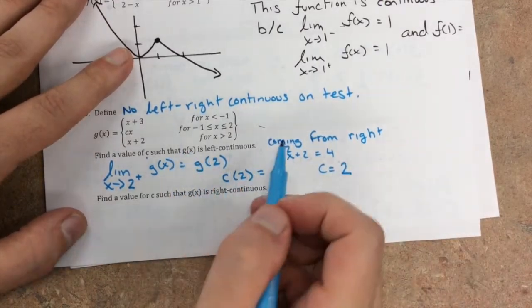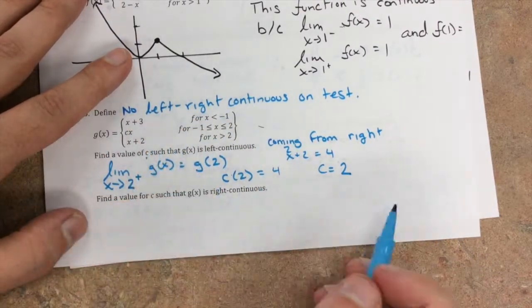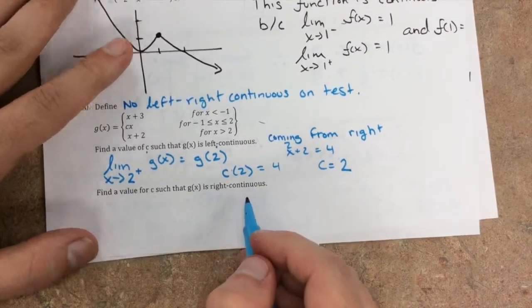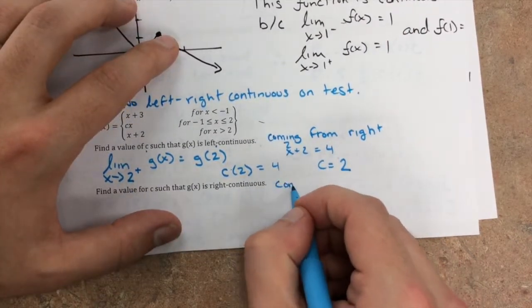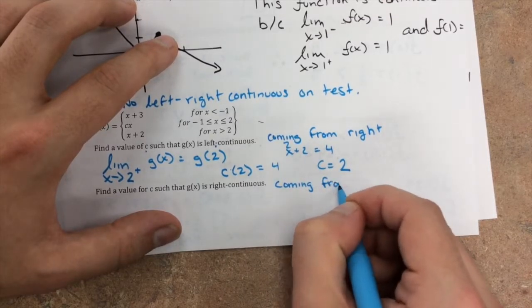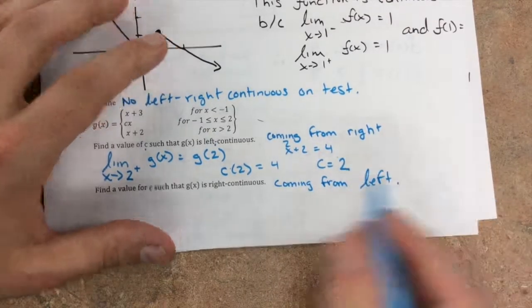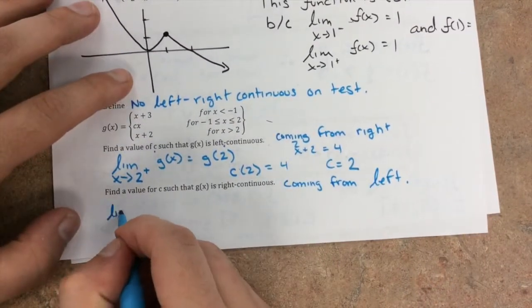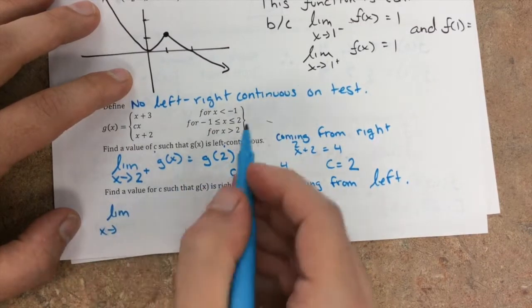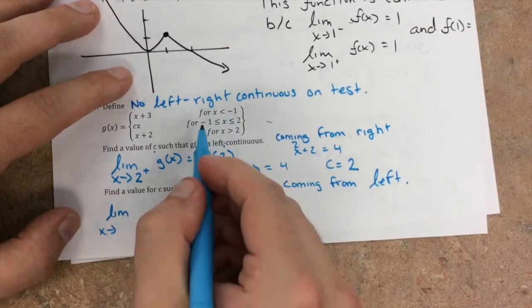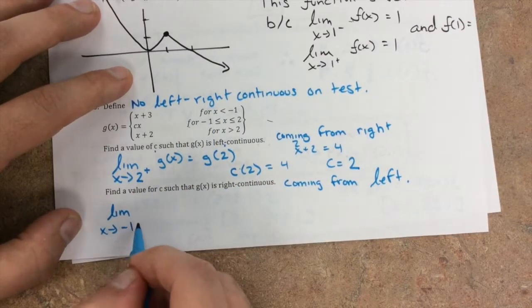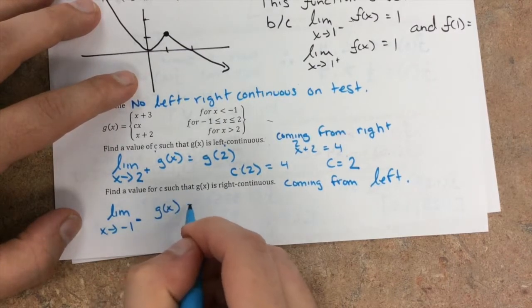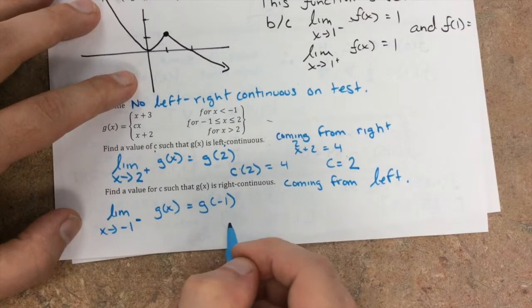So in order for this to be left continuous, coming from the right, that means we have a left endpoint. So likewise, for something to be right continuous, we are coming from the left. So if something is right continuous, it means it has a right endpoint. So we would look at the limit as x approaches -1 from the left of g of x, and we want that to be equal to g of -1.